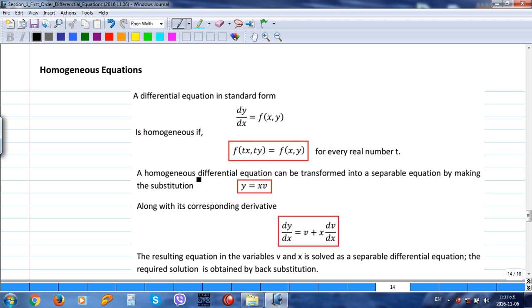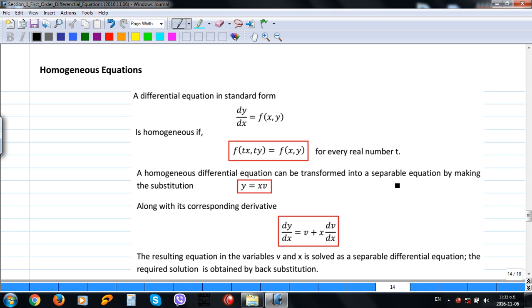A homogeneous differential equation can be transformed into a separable equation by making a substitution. If you found a homogeneous equation, you have to substitute y = xv, so then you can convert this homogeneous equation into a separable equation, and you can solve it along with the corresponding derivative of this one.